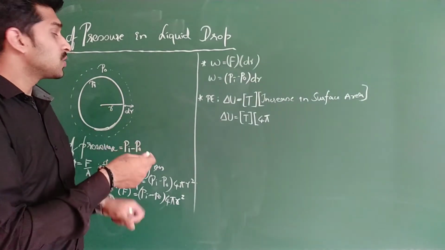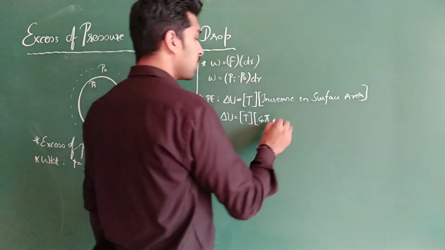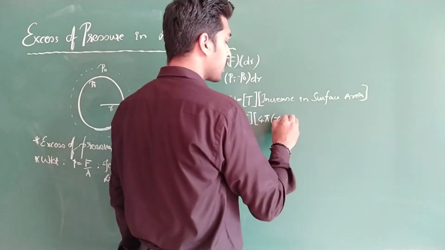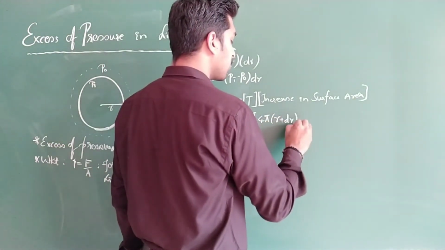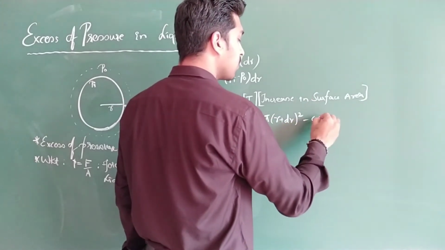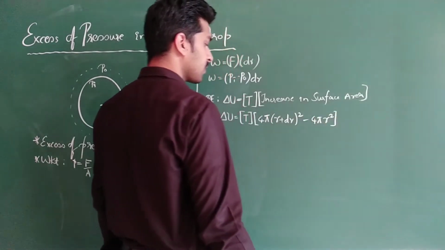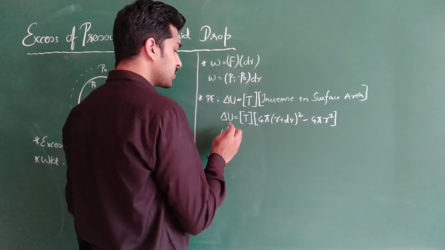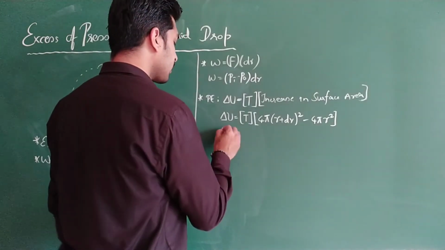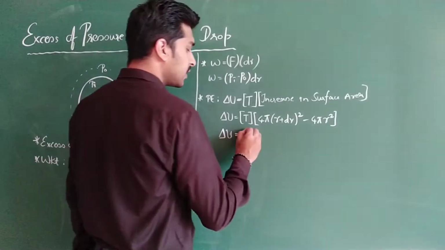For this one, what is the r value? r plus dr, that's why 4 pi into bracket r plus dr whole square, minus 4 pi r square, that means the initial value. So if we want to cross check, what are we going to get? Delta U is equal to T as it is.